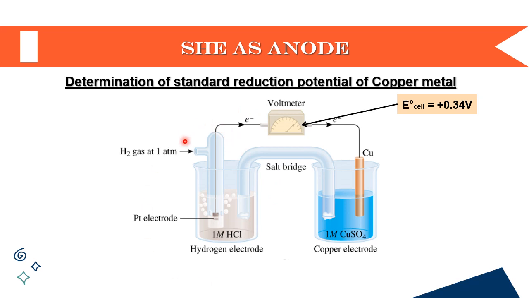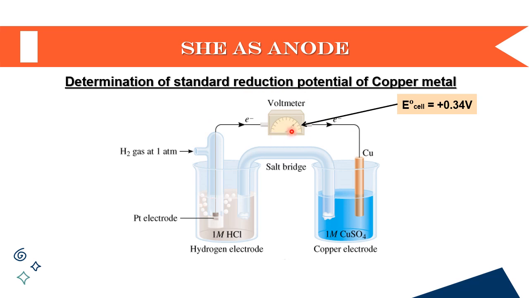Same goes for SHE. How do I know my SHE over here is anode? By experiment. When I set up the galvanic cell over here, if I put it as anode, I will get a positive value. But if the SHE is at cathode and the copper half cell is at anode, I will get a negative value.